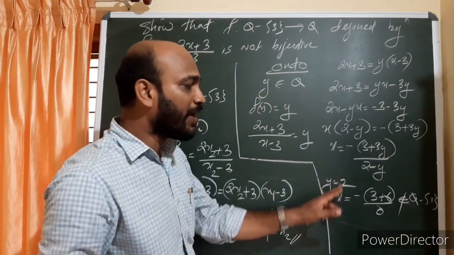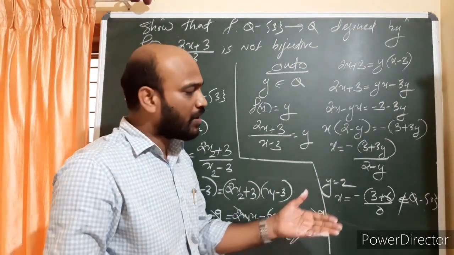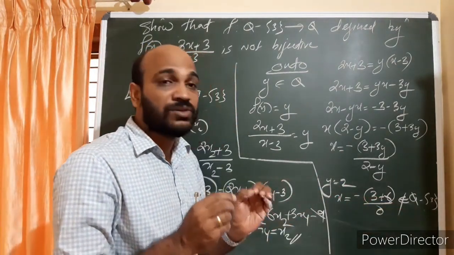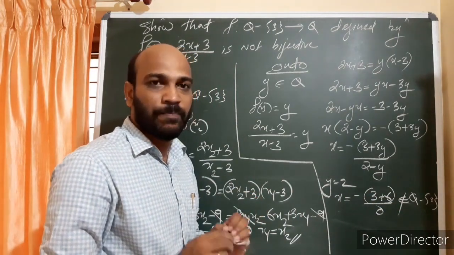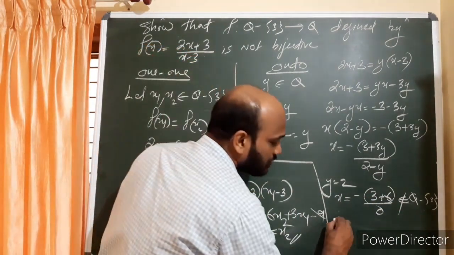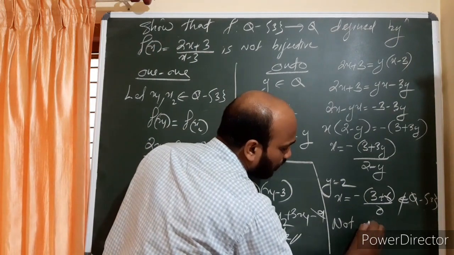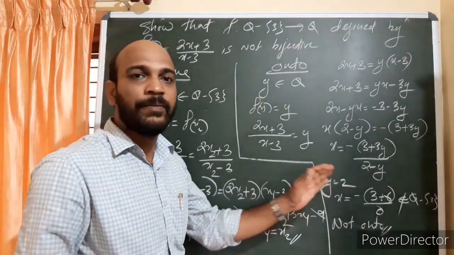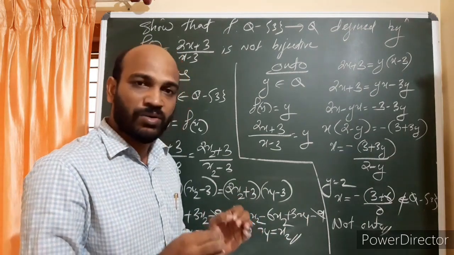When y equal to x is not defined, otherwise x does not belong to Q minus 3. That means 2 does not have any preimage. So the function is not onto. So we can say that 2 does not have any preimage, therefore it is not onto.